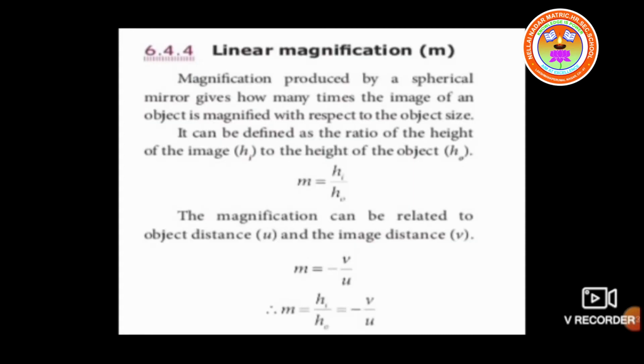Next, linear magnification. What is linear magnification? The magnification produced by a spherical mirror gives how many times the image of an object is magnified with respect to the object size.